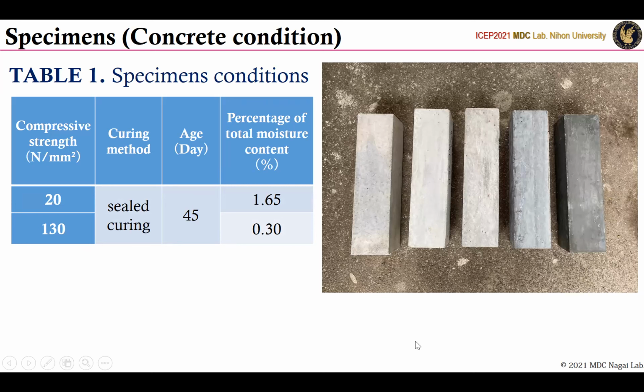This photo shows concrete test pieces of 20, 35, 50, 100, and 130 newtons from the left. The difference in density is also visible as a difference in the color of the test piece, as you can see here. 20 newtons is used for general buildings, and 130 newtons is used for skyscrapers.